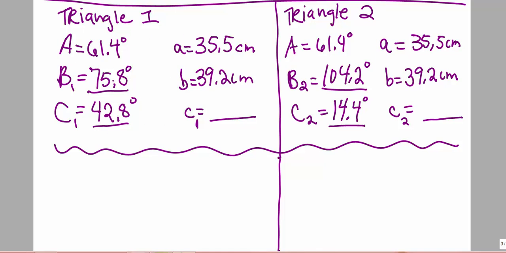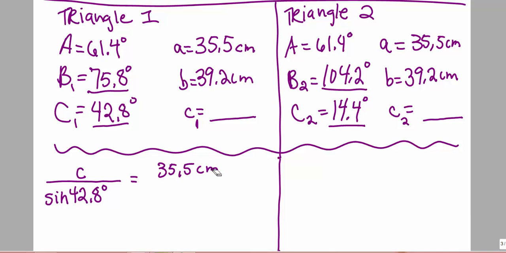Alright, now within triangle 1, let's find the length of side C using the law of sines. So we're going to take our fraction that has the c's in it, so side C divided by sine of angle C, which in this triangle would have to be 42.8 degrees. And we're going to use the original two knowns within that fraction. So we were originally told both angle A and side A, so we are going to use side A, 35.5 centimeters.